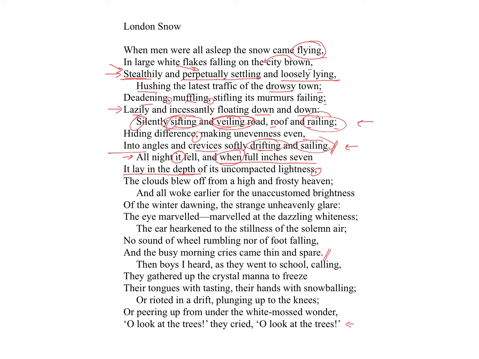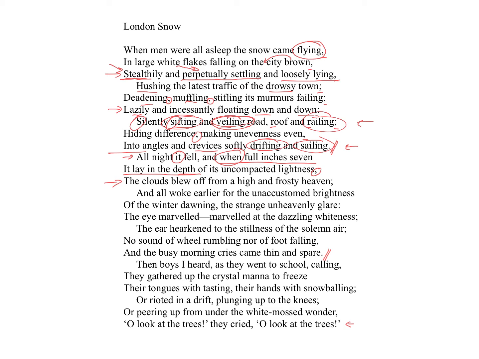The clouds blew off from a high and frosty heaven. Okay, so once it's seven inches deep, off go the clouds. And all woke earlier for the unaccustomed brightness of the winter dawning. Now, two things there, okay?